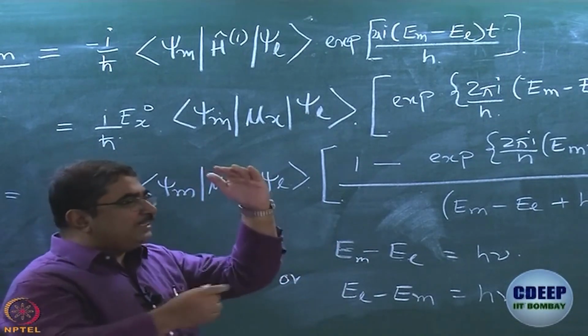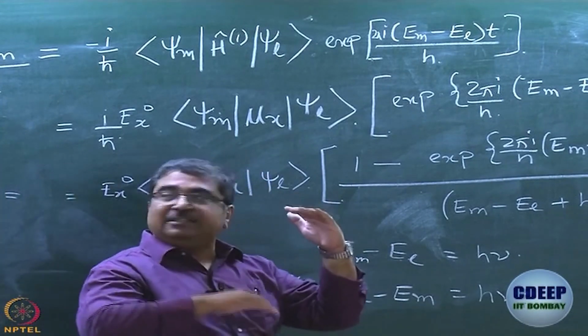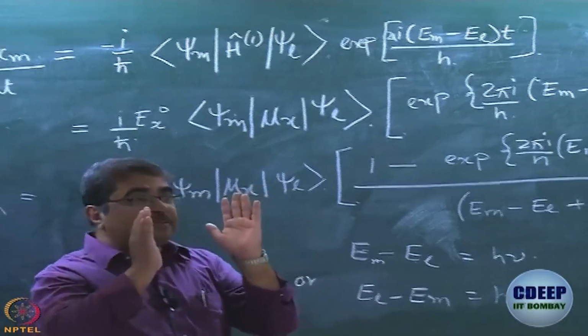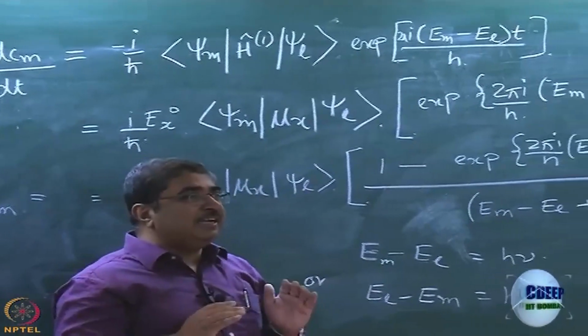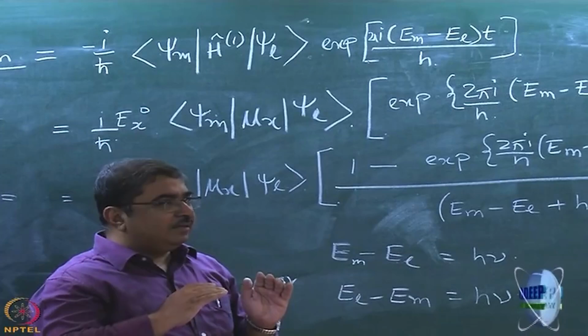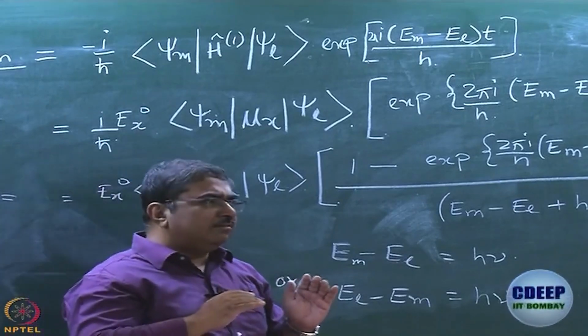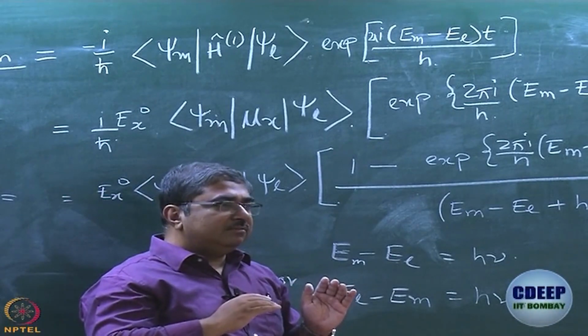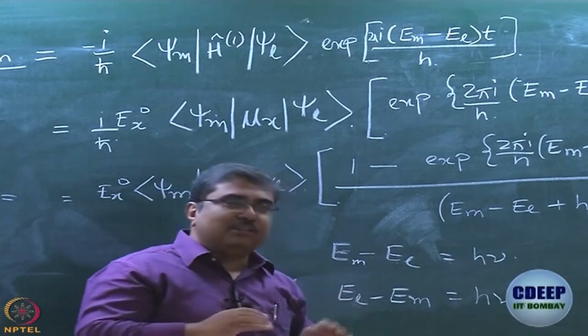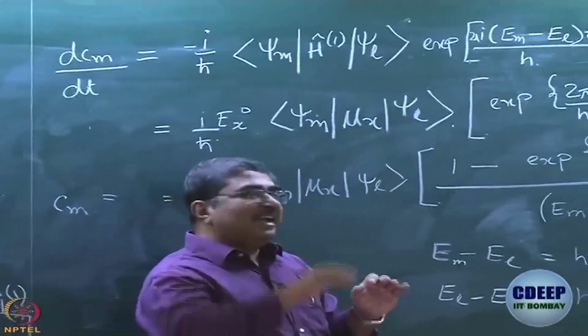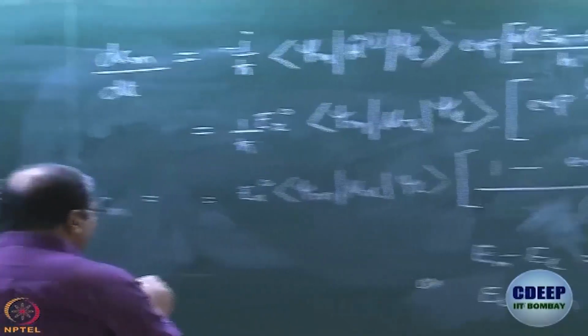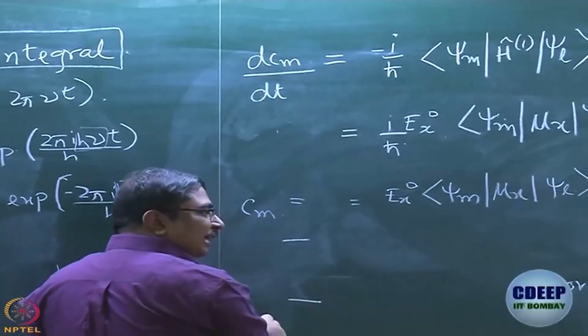What is the level that is populated at 0 time, L or M? L. Okay, L, right? L for lower. This is the situation in that case.